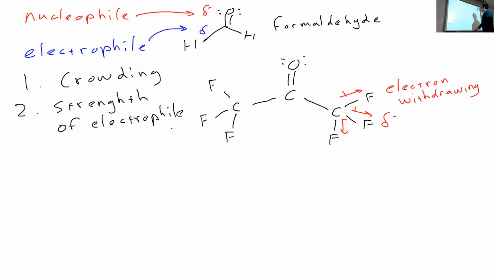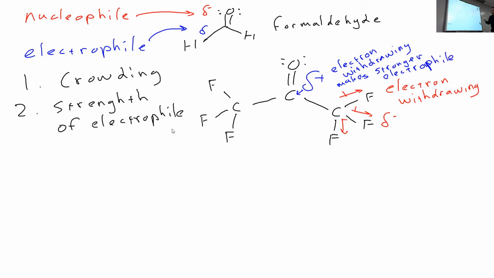And so overall, we're going to be increasing the electrophilic nature of our carbon here. So we make a stronger electrophile by pulling away that electron density. So we pull away all that electron density with our fluorines, and now we've made this much stronger electrophile.